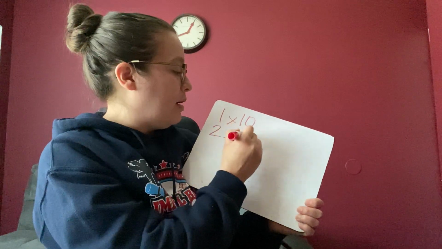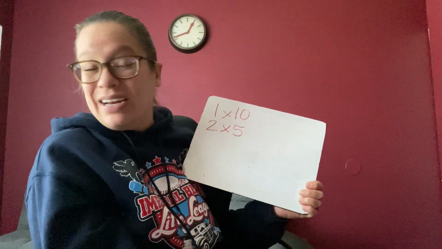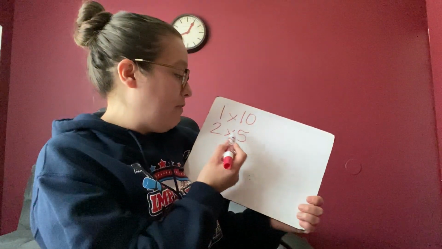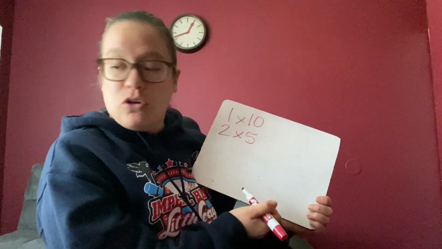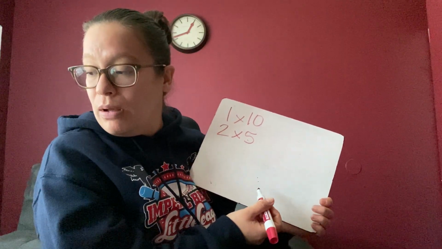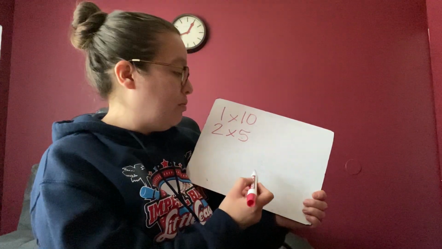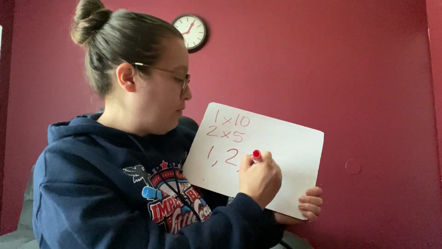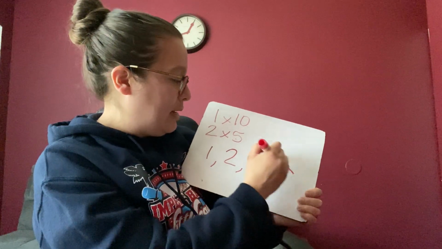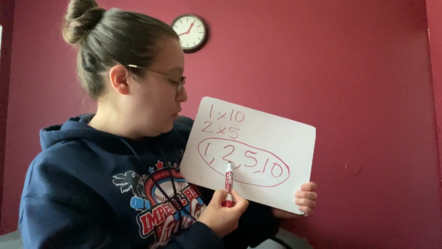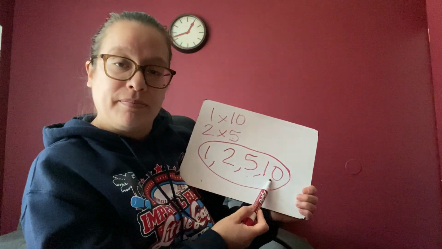Yes, because 2 times 5. 3, no. 4, nope. 5, well, we have 5 here. So that's it. If it asks you what whole numbers 10 is a multiple of: 1, 2, 5, and 10. 10 is a multiple of these whole numbers: 1, 2, 5, and 10.